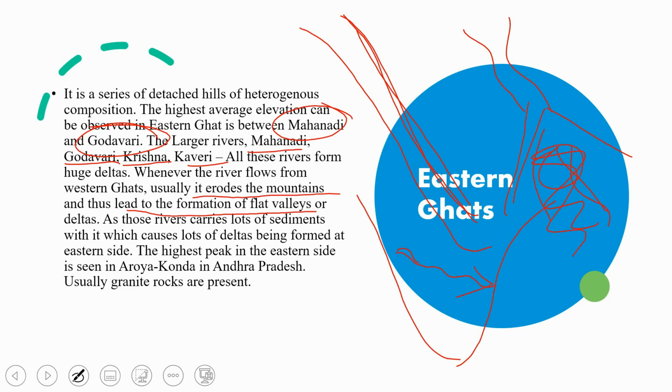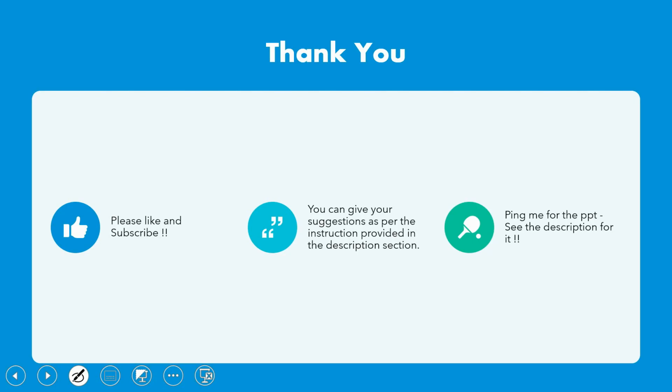They bring all the debris of the mountain and collect it over these regions, which forms your delta. As those rivers carry lots of sediments, lots of deltas are formed on the eastern side, and these are very fertile also. The highest peak on the eastern side is Arma Konda in Andhra Pradesh. Usually granite rocks are present.